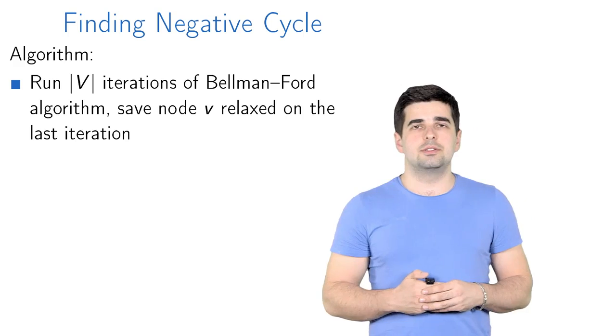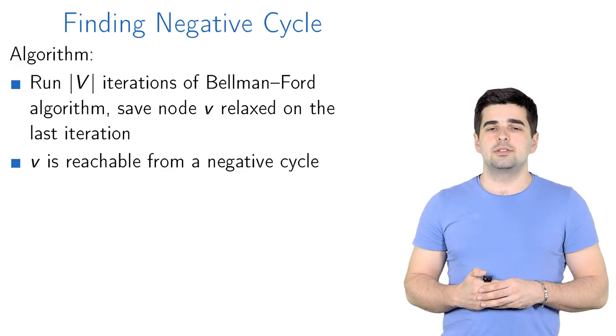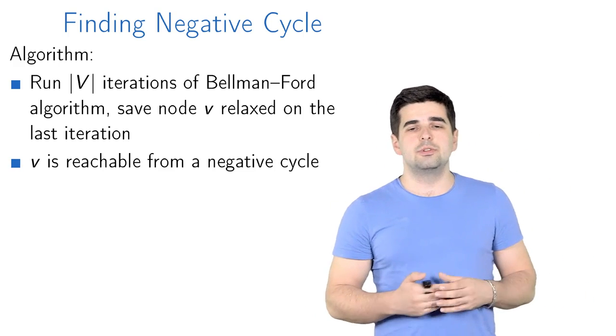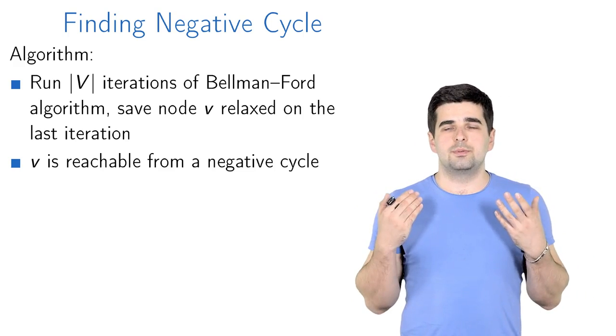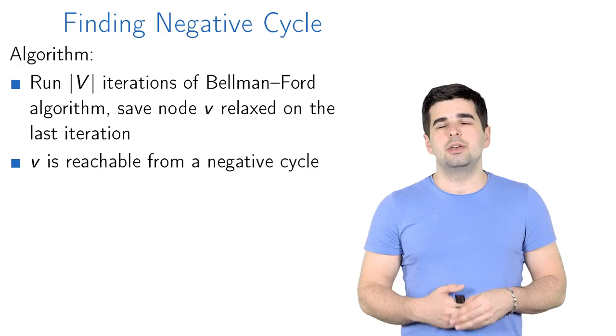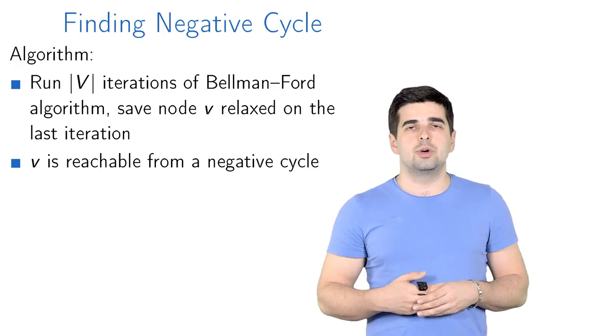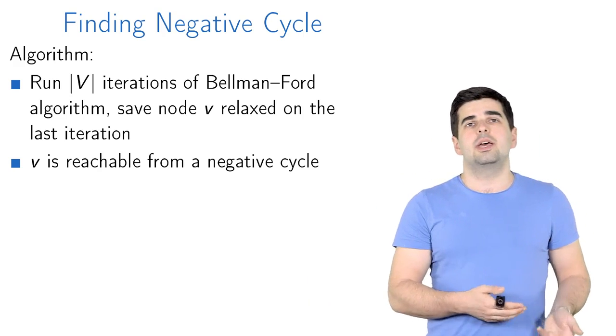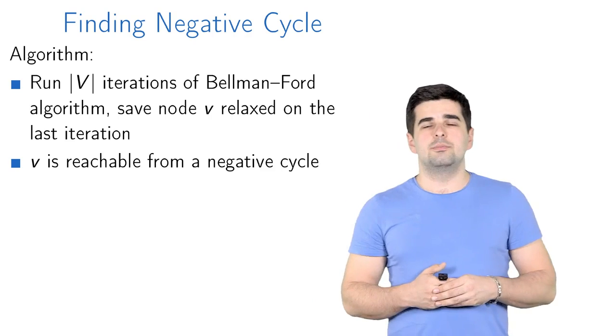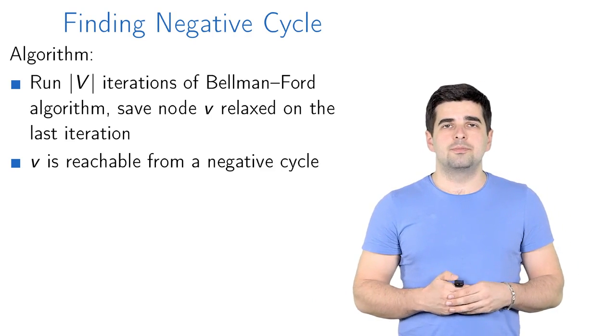So save this node, and I state that this node is definitely reachable from a negative cycle, because if it was not reachable from the negative cycle, then any shortest path to this node will contain at most v-1 edges, and it won't be improved on the iteration number v.